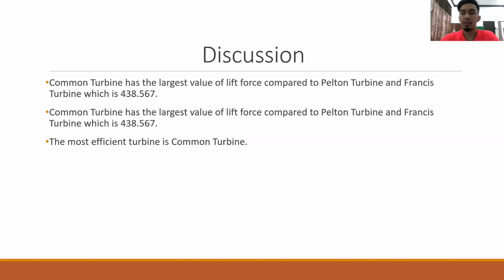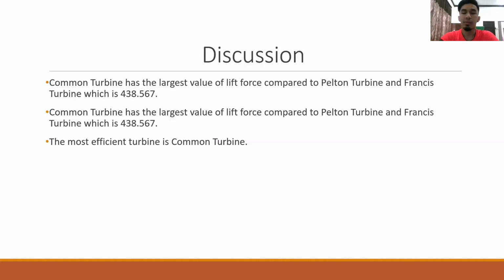All of the designs have their own advantages and disadvantages, but we need to find the best one for use in hydroelectric. So when we analyze our data, we know that the best turbine that can be used is the common turbine.